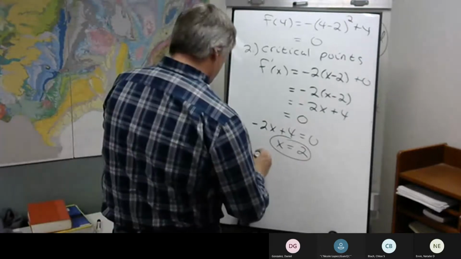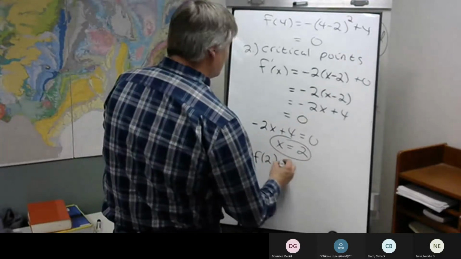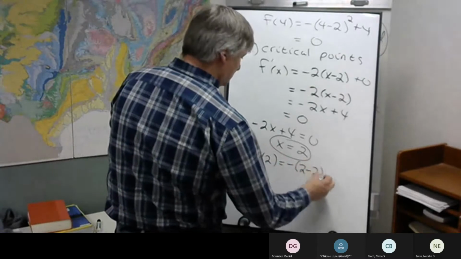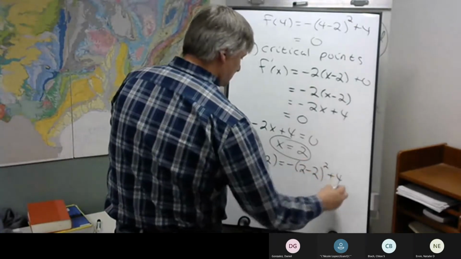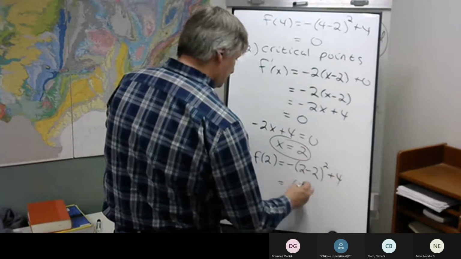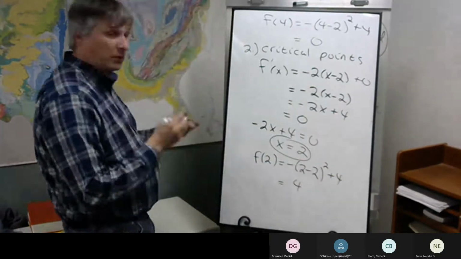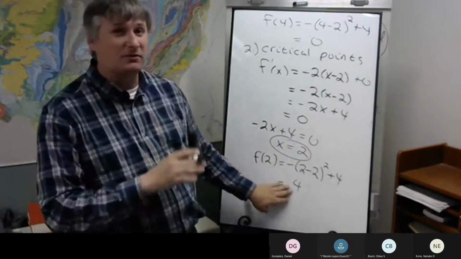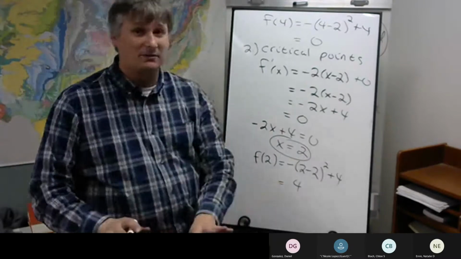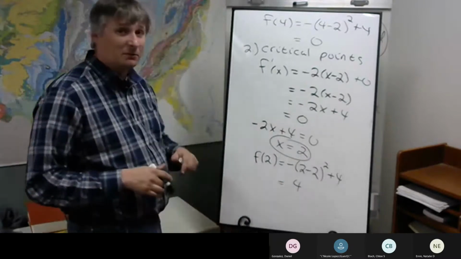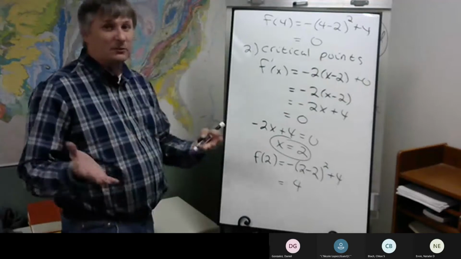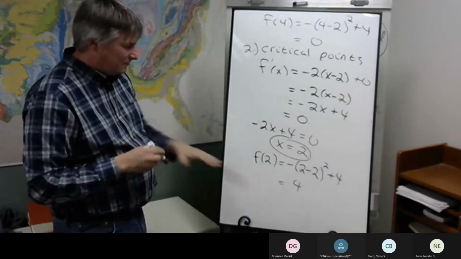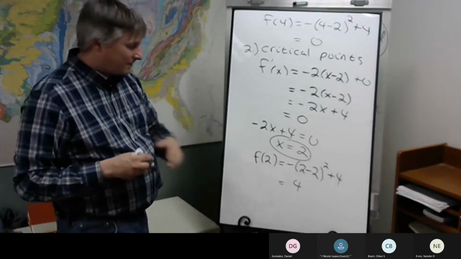So f of 2, and we're going to get 4. I might have graphed this function wrong. I'm realizing, I apologize if I did. When I did the graph, it's a little higher. So we have equal to 4.